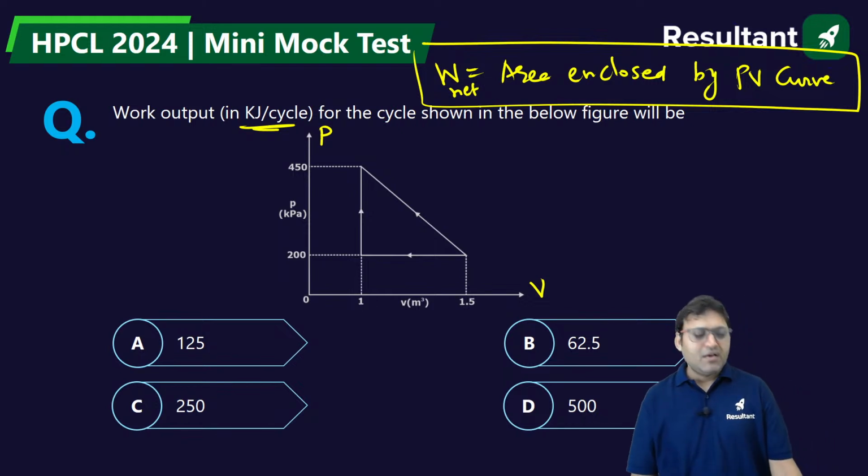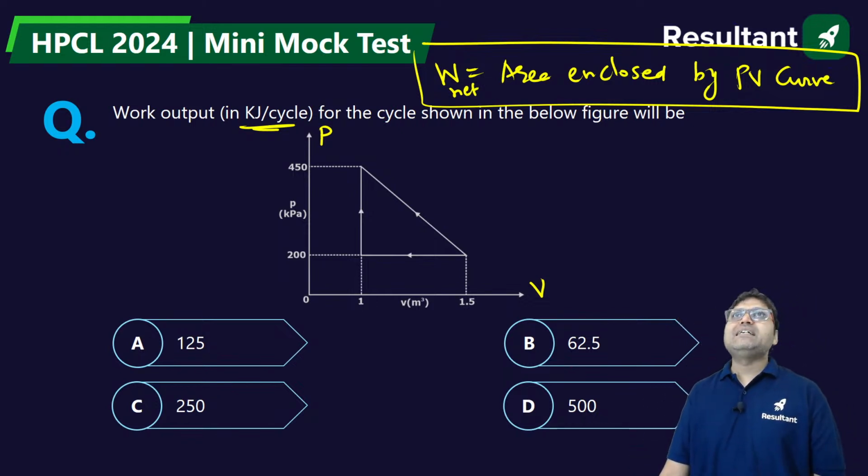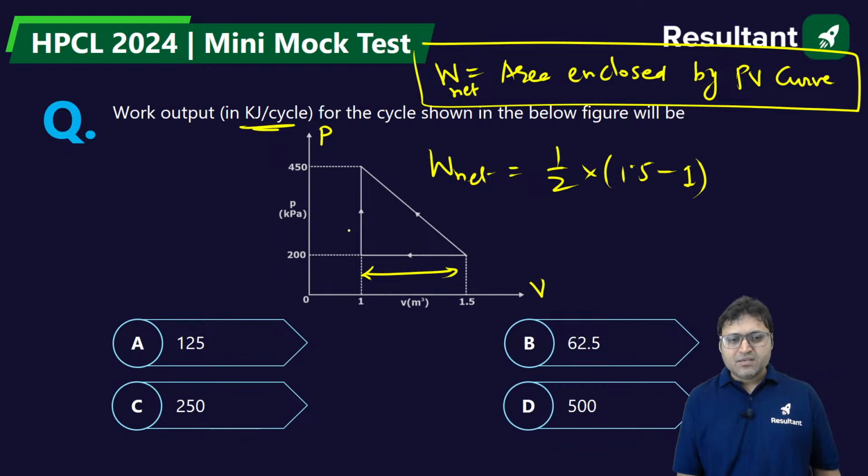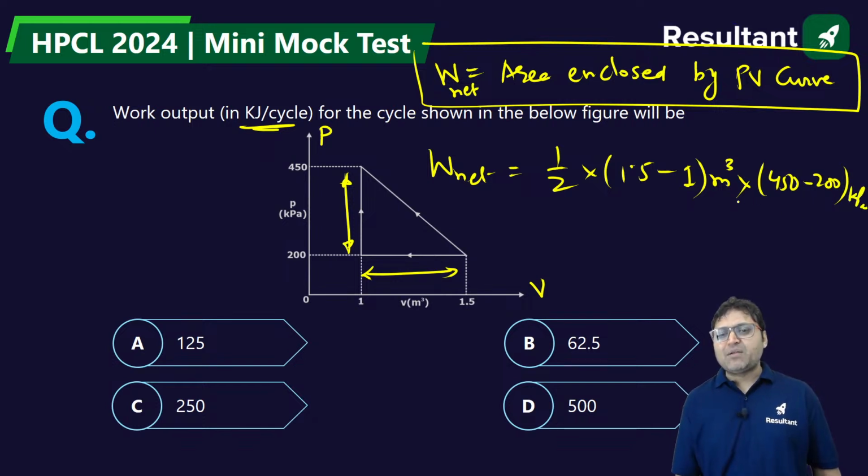Because it is a triangle, net work output is equal to half into base. This will be the base, 1.5 minus 1, in meter cube, multiplied by height, 450 minus 200, in kilopascal. So kilopascal multiplied by meter cube will be kilojoule. So half into 0.5 into 250 kilojoule will be the answer.